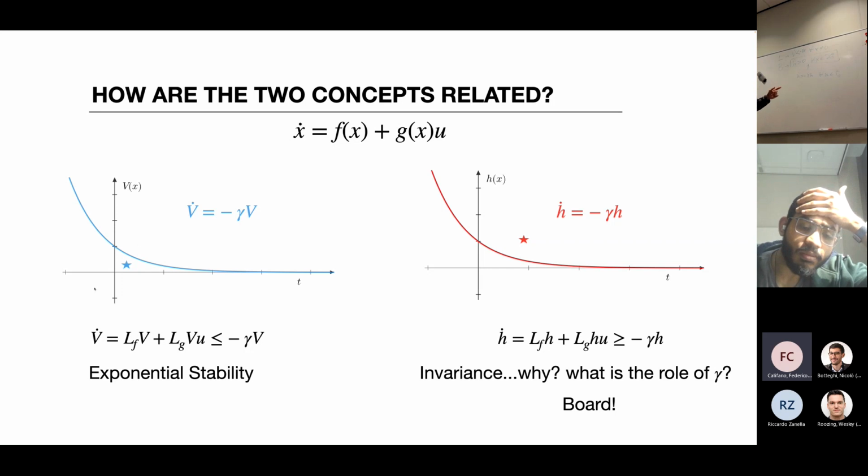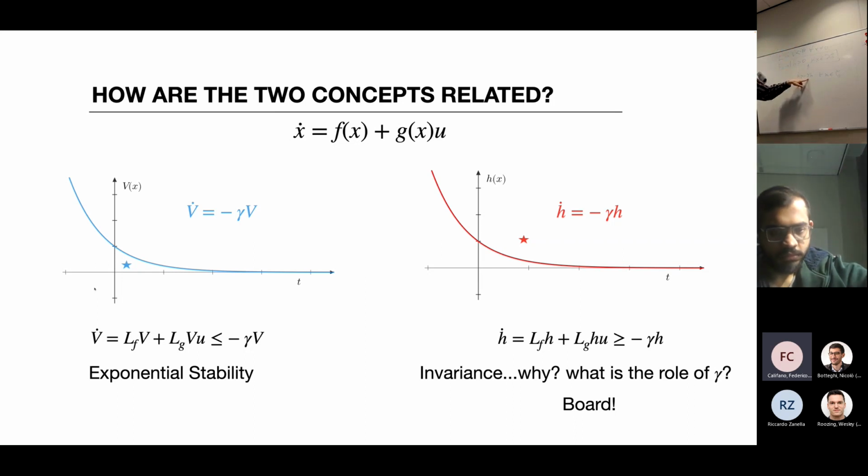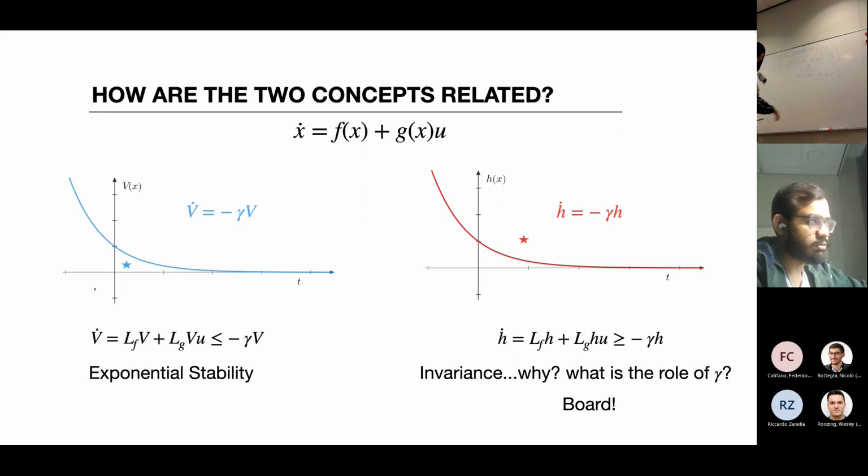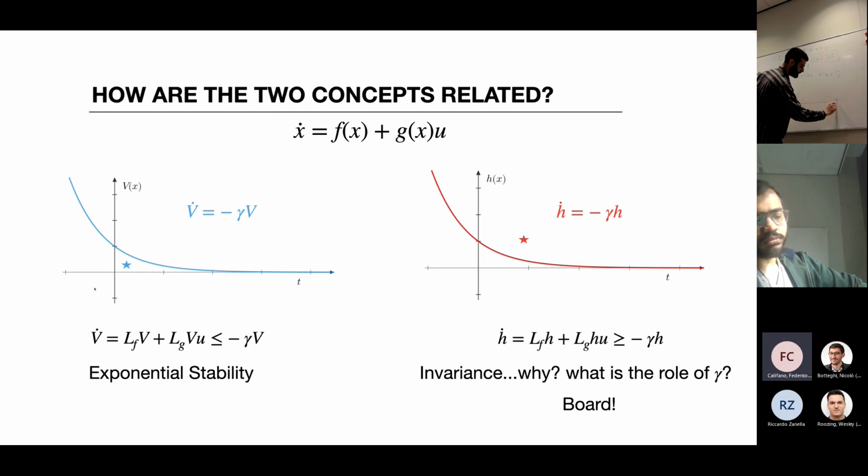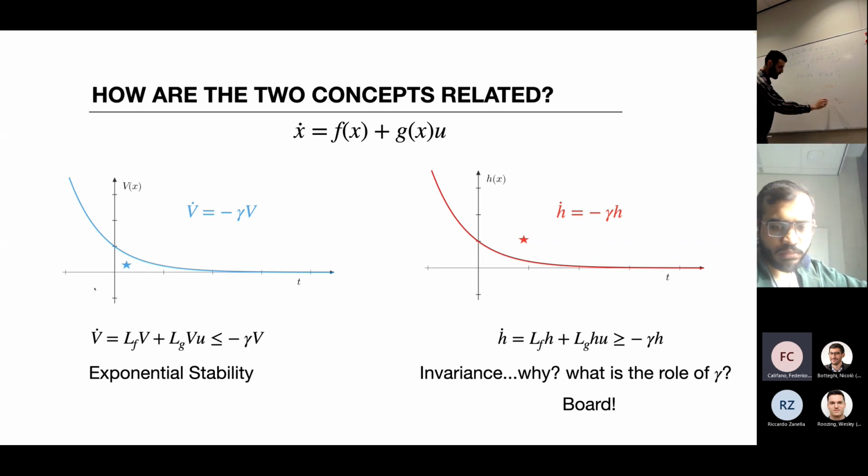In particular, I want to convince you that if gamma is infinite, we go to Nagumo. Here, if gamma is 0, we return to the asymptotic case. Here is gamma, if gamma is infinite, we return to Nagumo. Let's make the 1D case, and it will be clear. Imagine to have a 1D system, and I design this barrier function H, which means that I design the barrier function such that this compact interval here is the safe set.